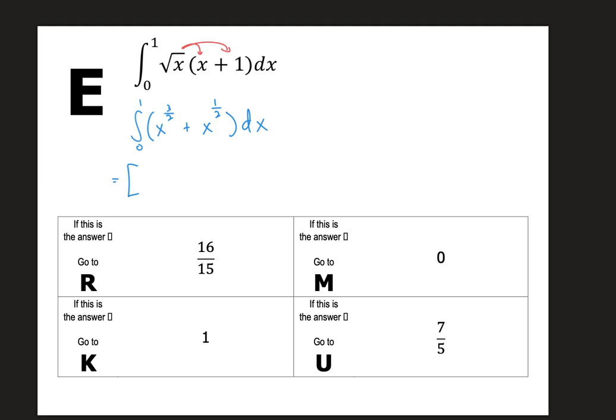All right, so now we'll add 1 to the exponent, divide by the new exponent, which is the same as multiplying by the reciprocal. Same with the other one, add 1 to the exponent, times by the reciprocal.